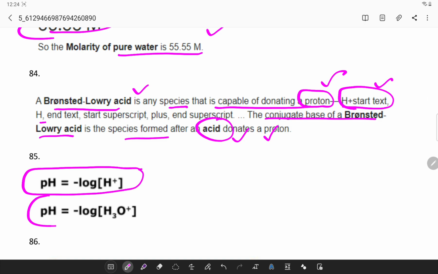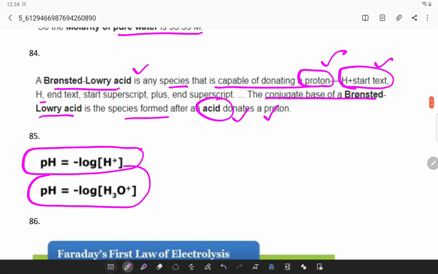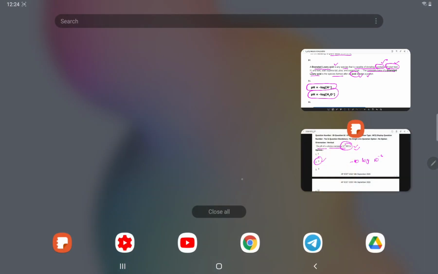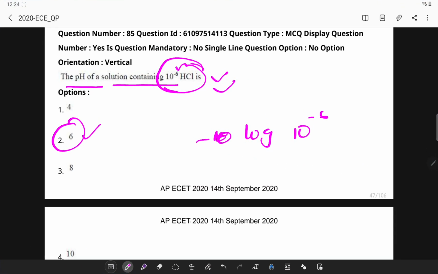The pH value is minus log of that particular thing. So minus log 10 power minus 6. Here the base is 10, therefore minus into minus becomes plus 6.